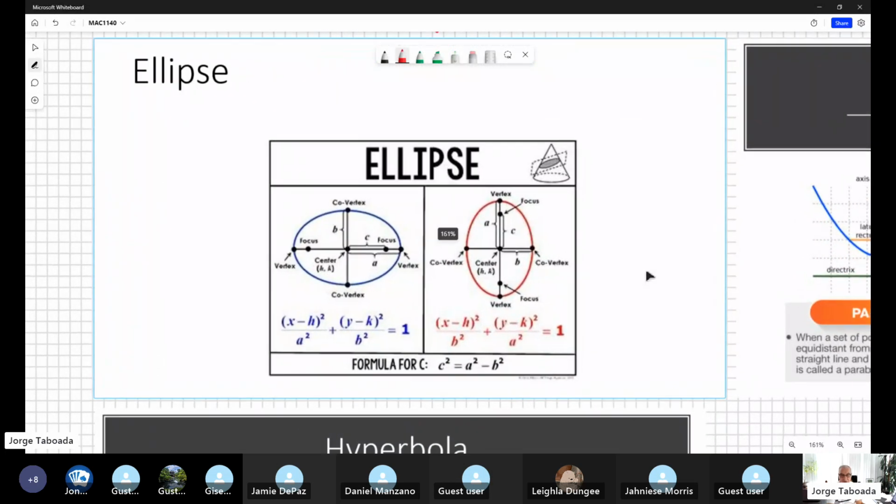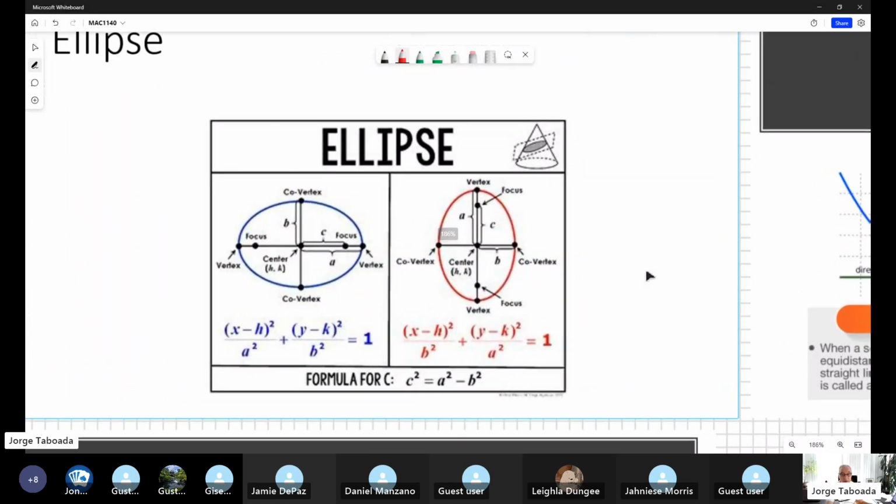Now, guys, I know that you need to memorize too many names, but these names are important. We have two kinds of ellipse. This ellipse is a horizontal ellipse. Why? Because we have two axes.